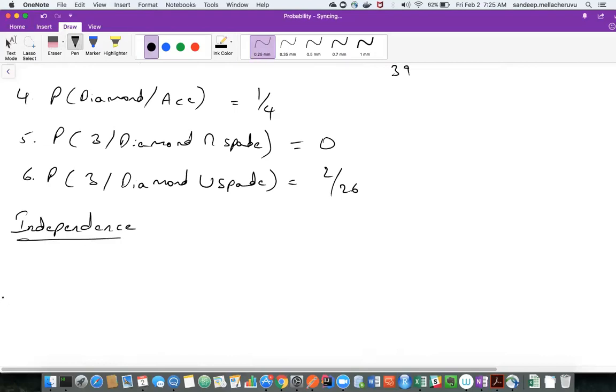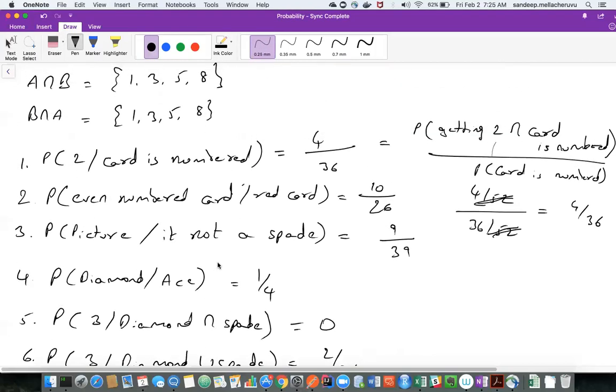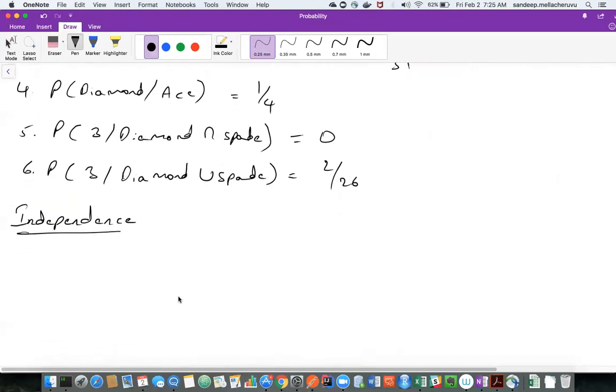When you do conditional probability, if the condition is independent of what you're doing here, then it is called independent events. So for example, probability of getting a red card, given that today is a holiday.